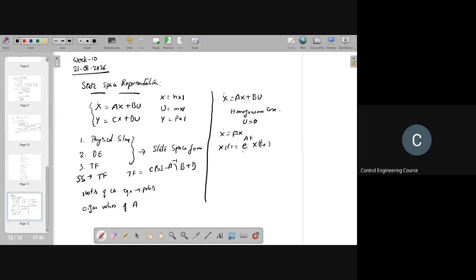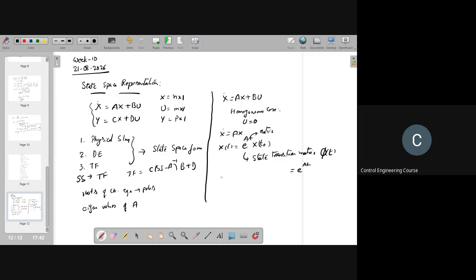This is pretty similar to the scalar case, but here x and A are matrices, whereas normally they are scalars. This e power At is called the state transition matrix, also sometimes represented as phi of t, which is equal to e power At.